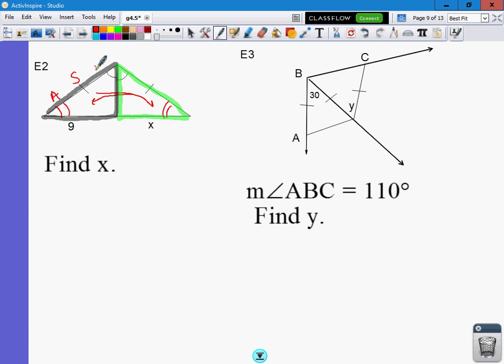Angle, side, angle. So I know that those are congruent triangles. How big is x? X has got to be 9. That's the corresponding side. It has to be the same value. Everybody good with example 2?